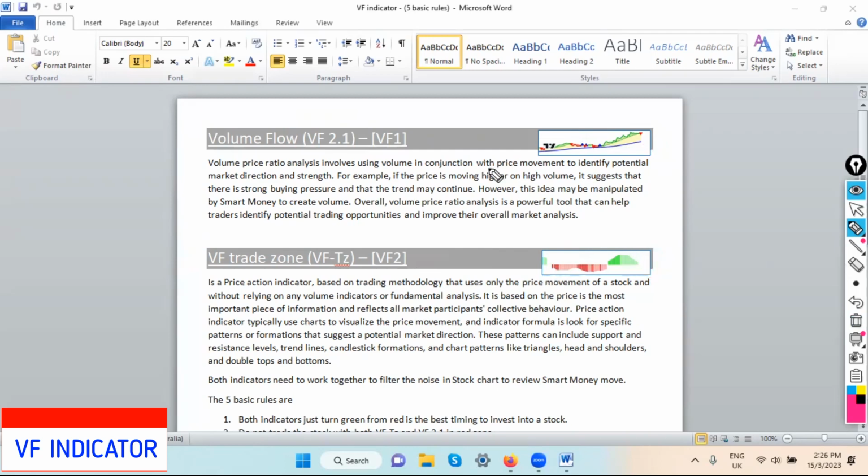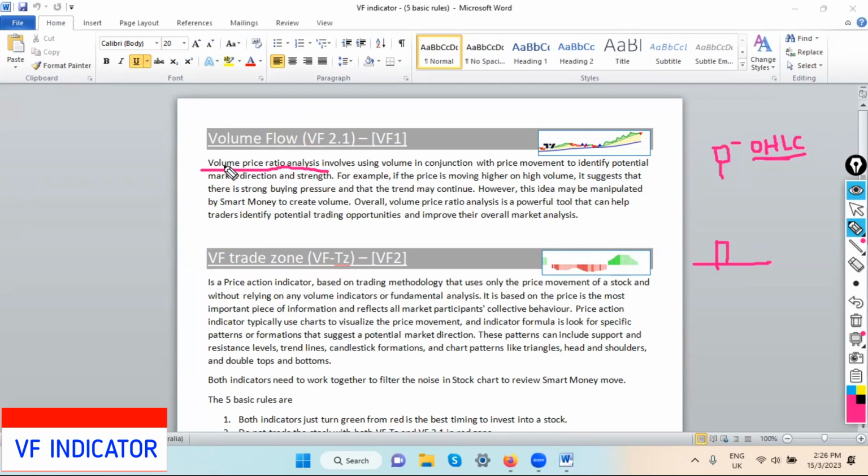What is the difference between VF1 and VF2? In VF1, we use a ratio analysis between the volume and the price. Every time you see the chart, you can see a volume and also a spread. You have open, high, low, and close, and a lot of this is generated inside the candlestick.